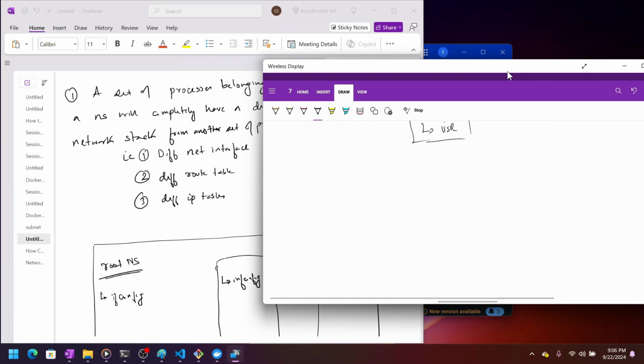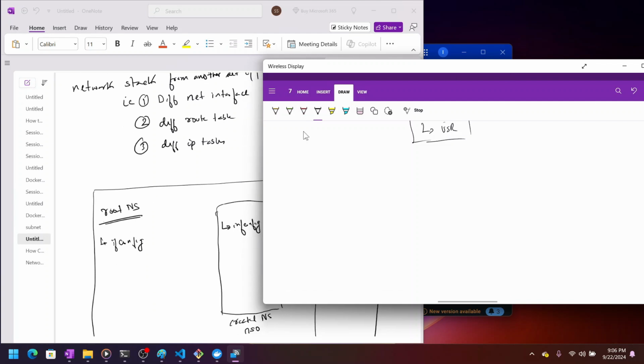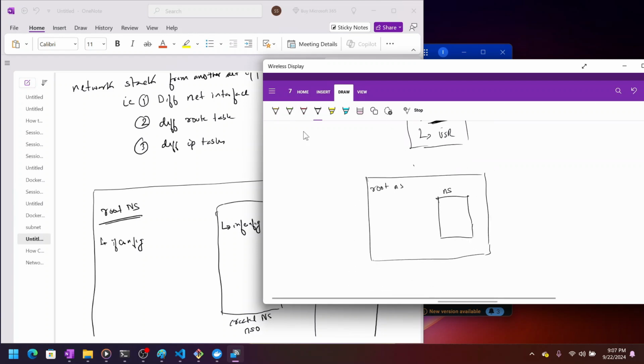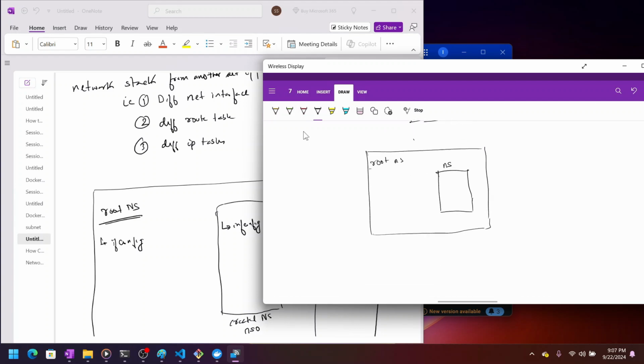Networking in Docker is nothing different from other networking; it's the same as general Linux networking. Let's say this is your Linux machine, this is your root namespace, and this is the network namespace you created, S1.